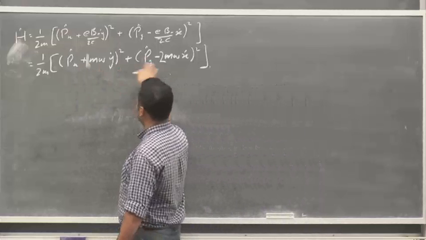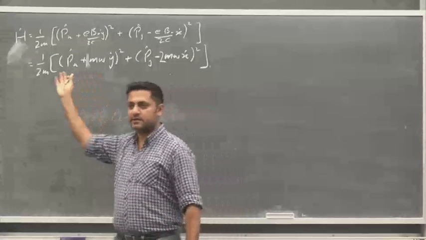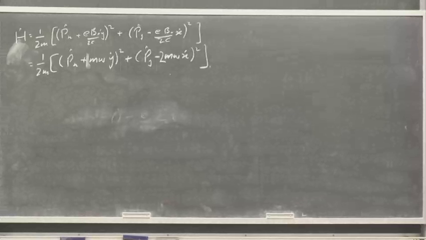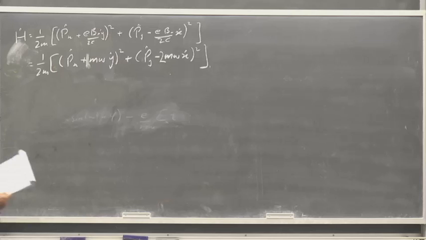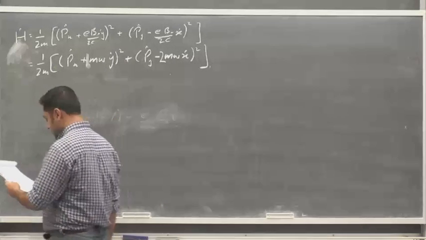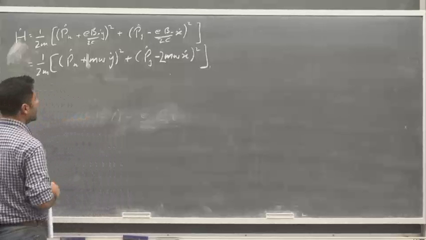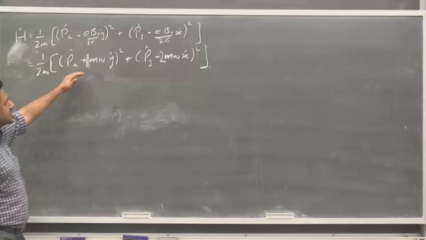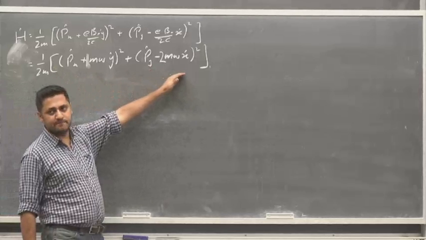Now it looks like this Hamiltonian is hard, but the idea is to find the eigenstates of this Hamiltonian, and it seems like it must be horribly hard, but it's not actually. Just stare at it carefully, you find that it's like a harmonic oscillator.